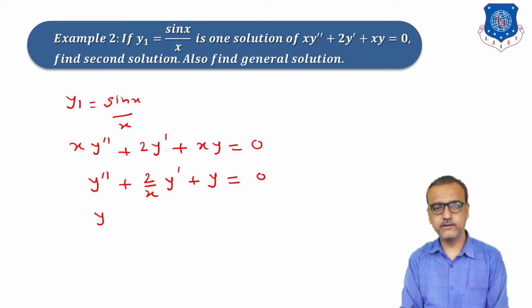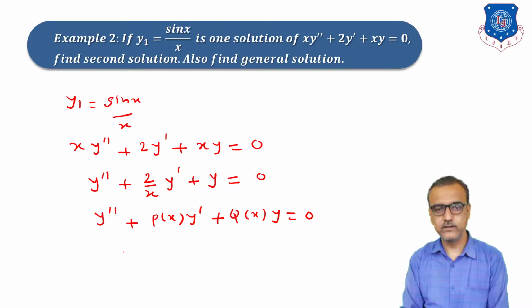Now we will compare this with the standard form, y double dash plus p of x y dash plus q of x y equals to 0. So by comparison, we have p of x equals 2 upon x.